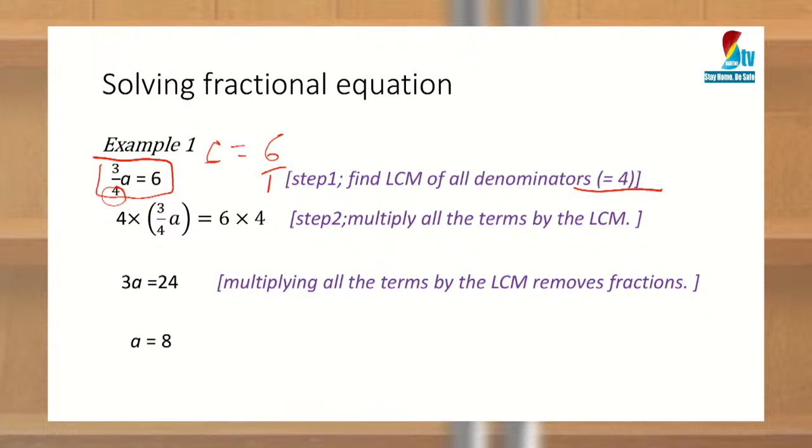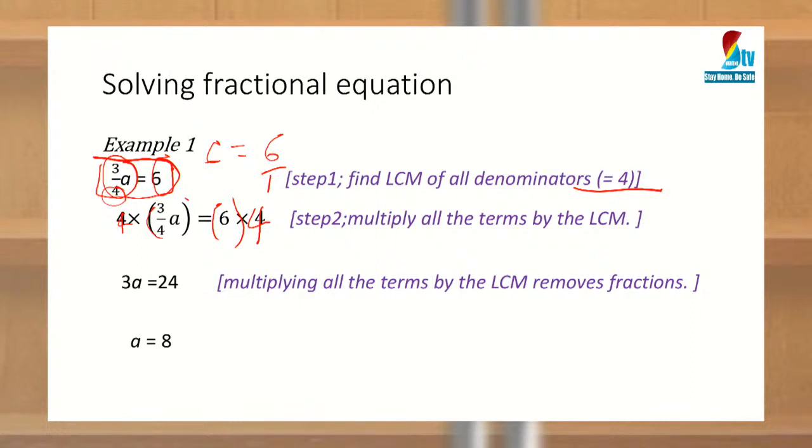When you are solving an equation now, you are going to multiply all the terms of the equation by the LCM. In this case, we have only 2 terms. So it means I'm going to multiply by 4, and I'm going to multiply by 4 again on the other side.